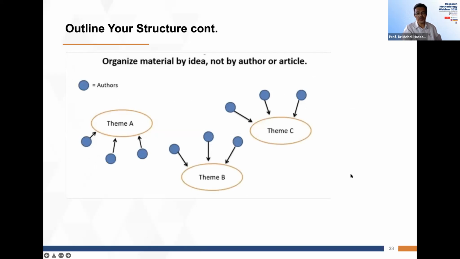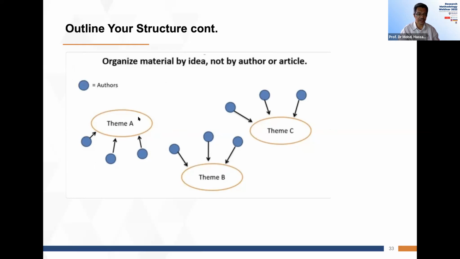This is one example where it can be based on theme, where you have a number of authors, right? You have 3 authors that discuss theme A, 3 authors discuss theme B, 3 authors discuss theme C. So you organize your material based on ideas, not on authors, basically.